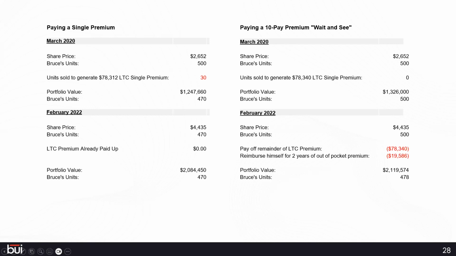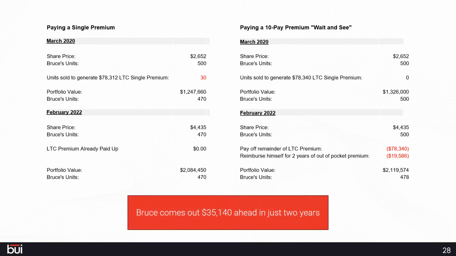So now he's selling, and his portfolio value after selling the assets from his portfolio ends up being $2,119,000, and going forward, he has 478 units. So in just 2 years, he comes out $35,000 ahead by waiting for market conditions to improve.